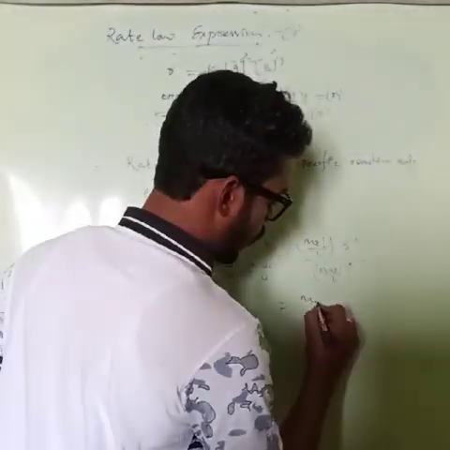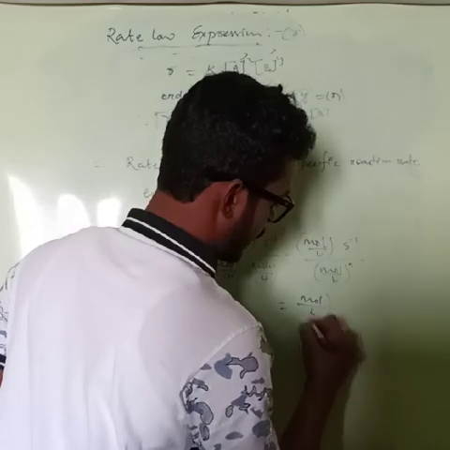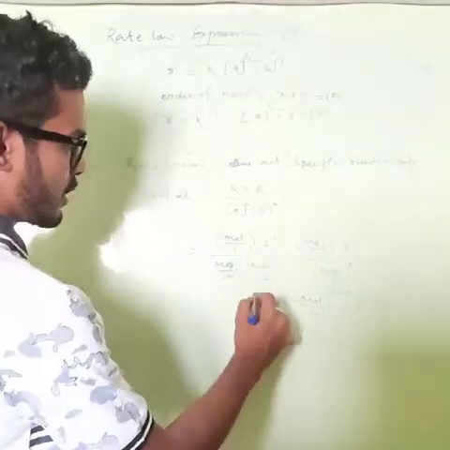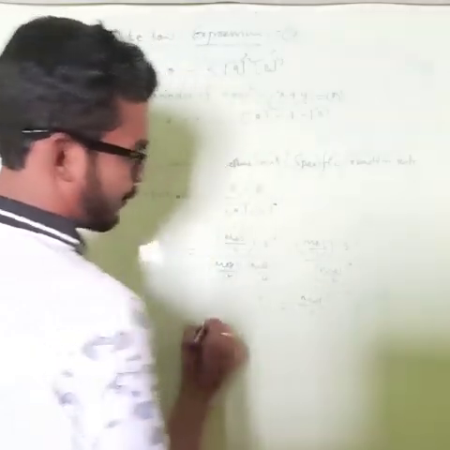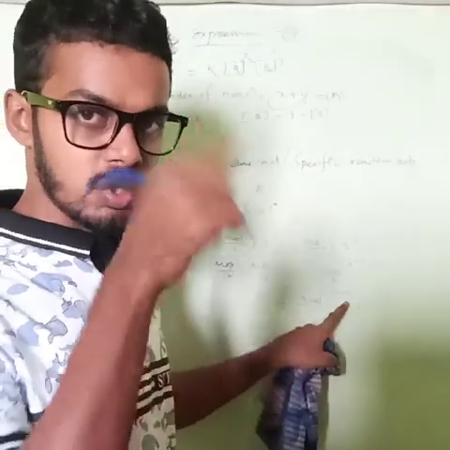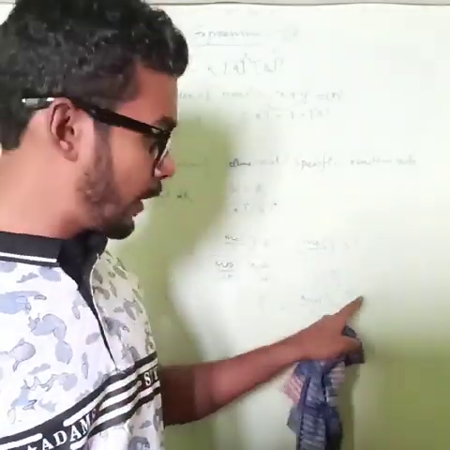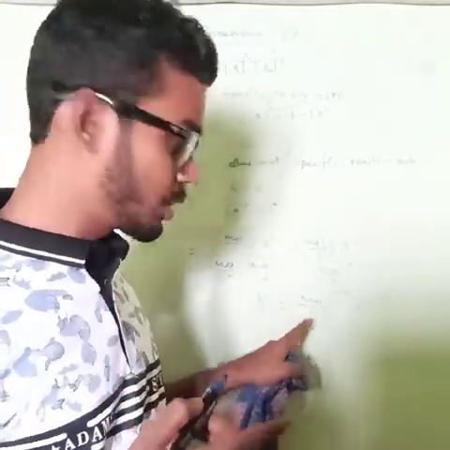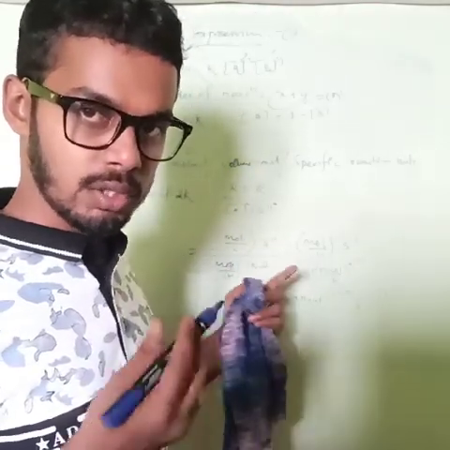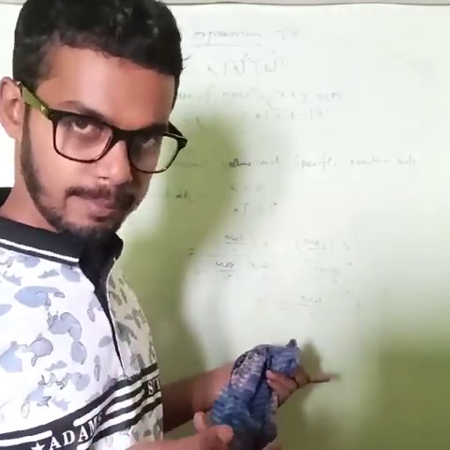So mole per liter to the power 1 minus n, second inverse. This is the general formula of k, and n is the order of reaction. If n is 0, then zero order. If n is 1, first order, 2, second order, 3, third order, anything.